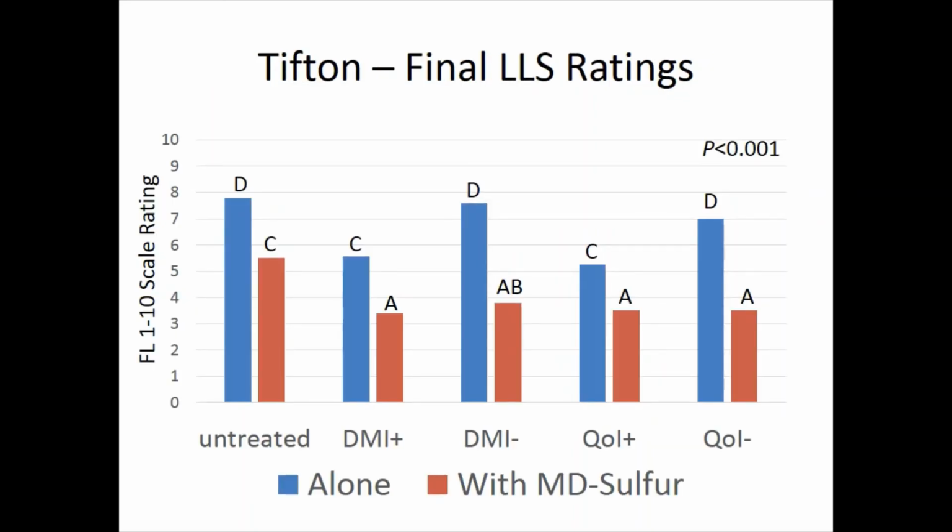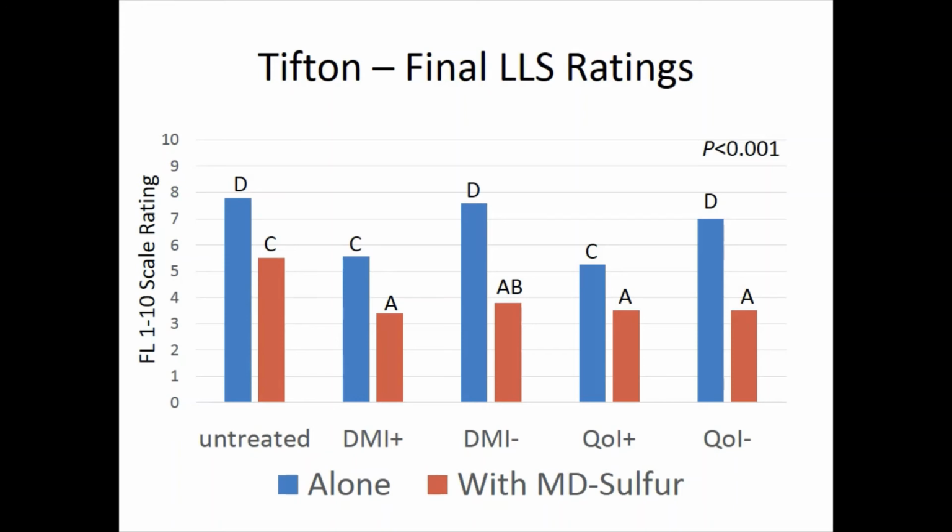In Tifton, looking at the final Florida 1 to 10 scale rating system, you will see that for all of the treatments, when sulfur was added, there was a significant reduction in the final leaf spot rating. There was no difference between the DMI minus and the QoI minus fungicides when there was no sulfur compared to our untreated control.